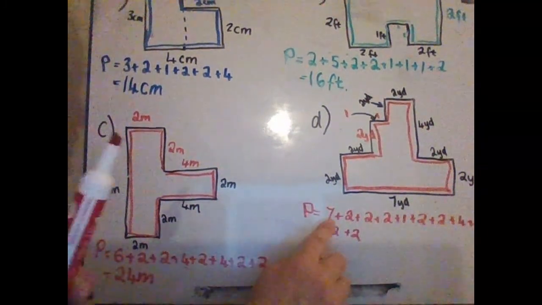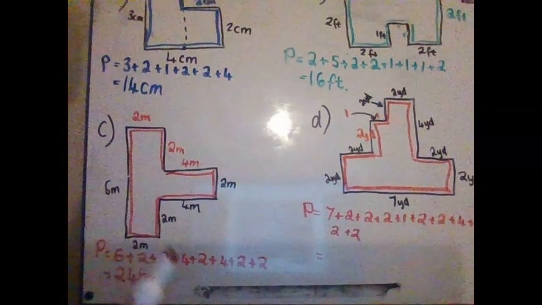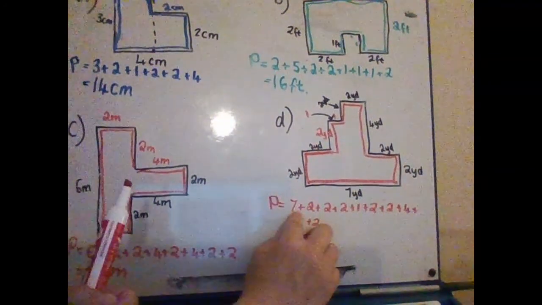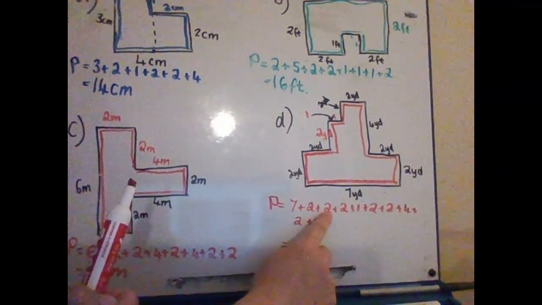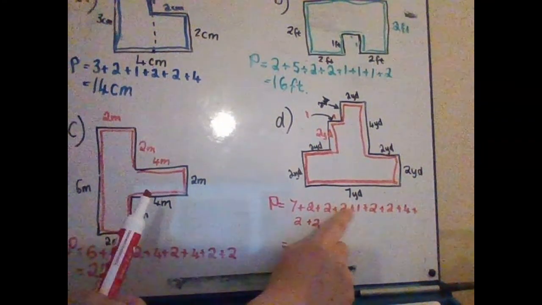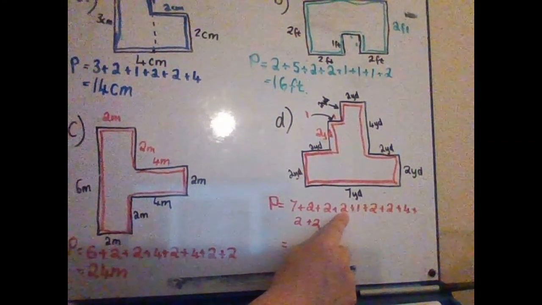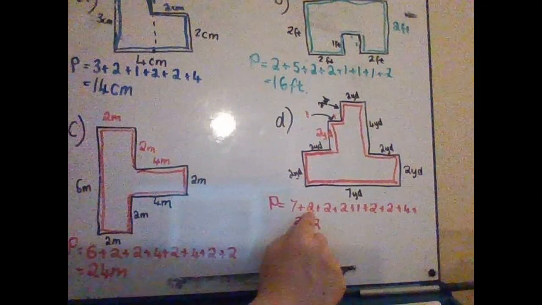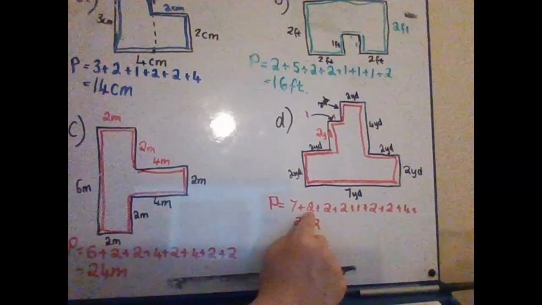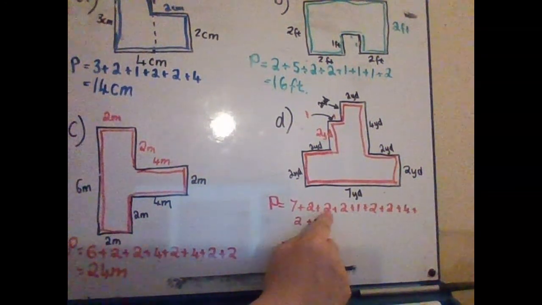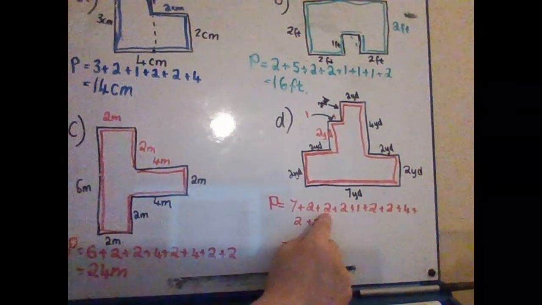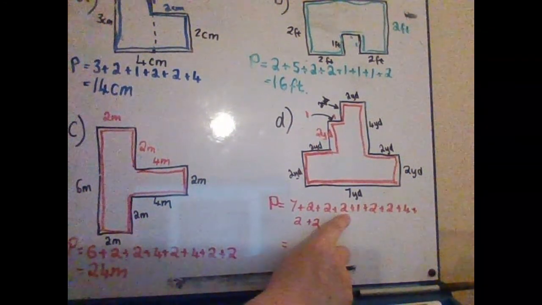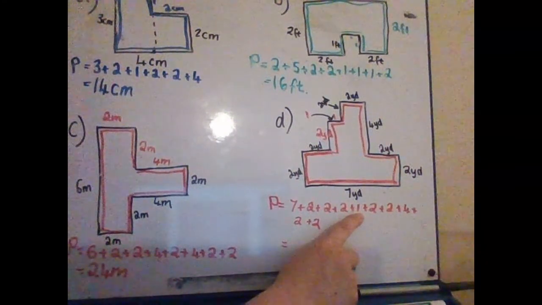7 add 2, 7, 8, 9. Add 2, 9, 10, 11. Add another 2, 11. Add 2 is 9. Add 2, 11. Add 2, 13. Add 1, 14.